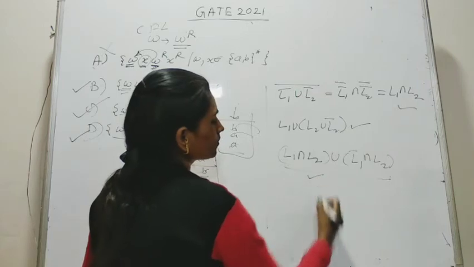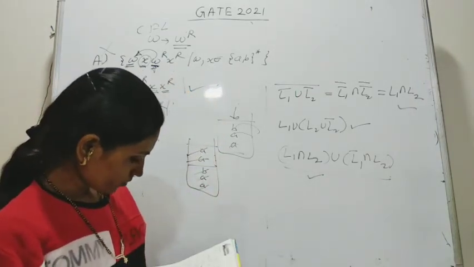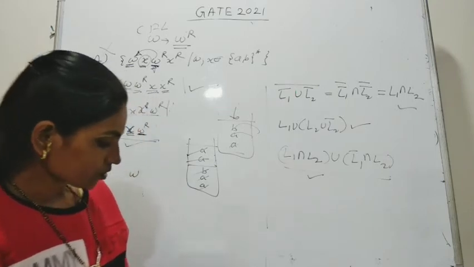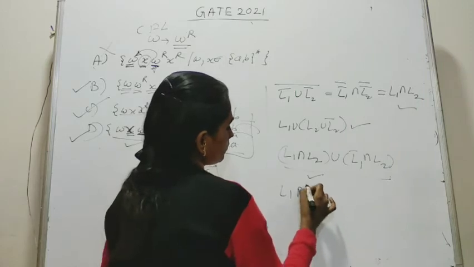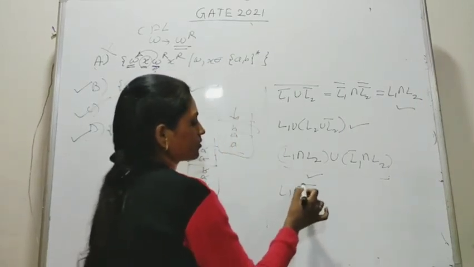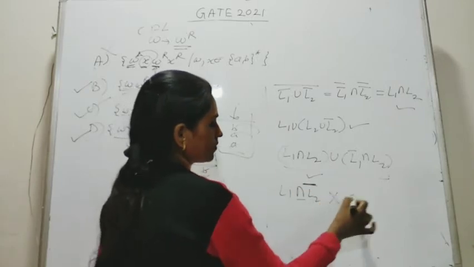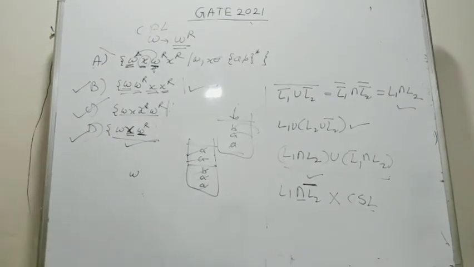Again, this is a CFL, intersection and union operation. L1 intersection L2 bar. As it is not closed under intersection and the complement, this is not a CFL, it is a CSL.